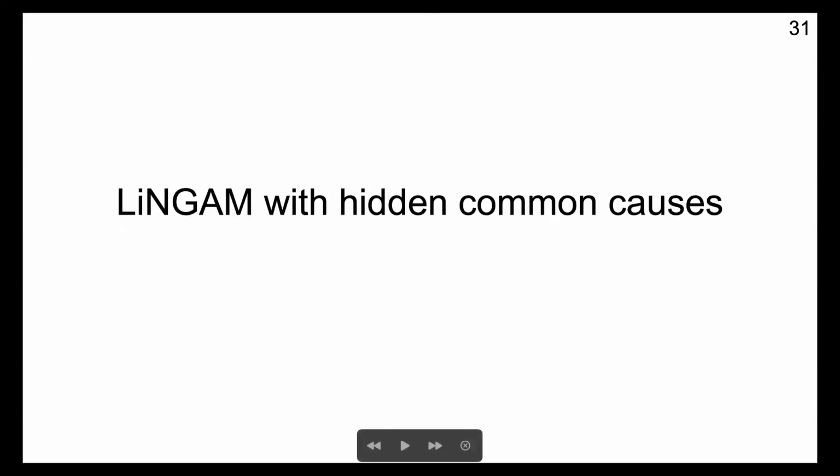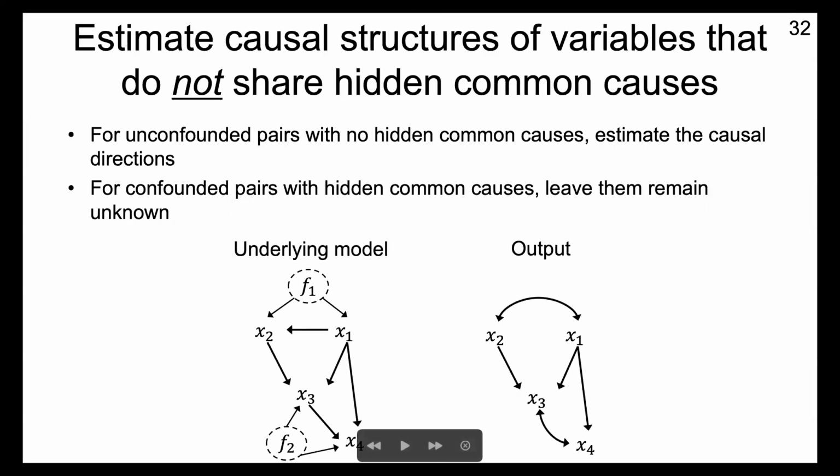Okay. So finally, I'd like to talk about some extensions to the case of hidden common causes. So first, I considered to estimate causal structures of variables that do not share hidden common causes.